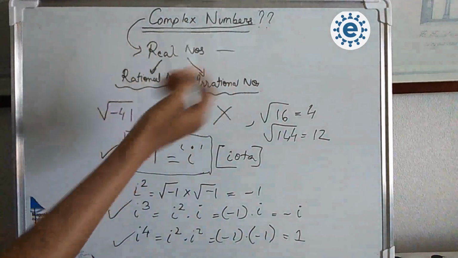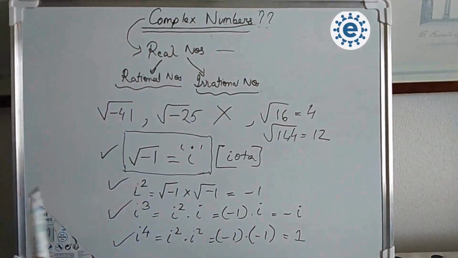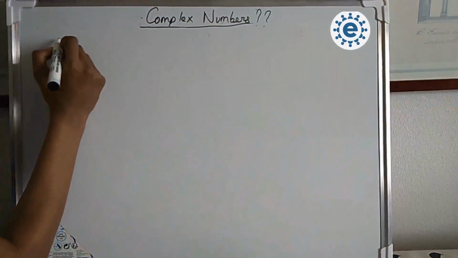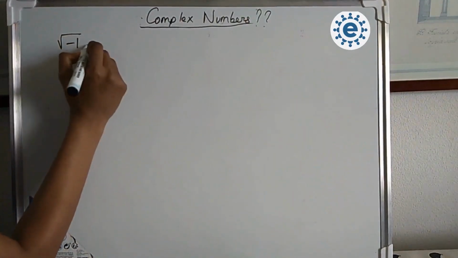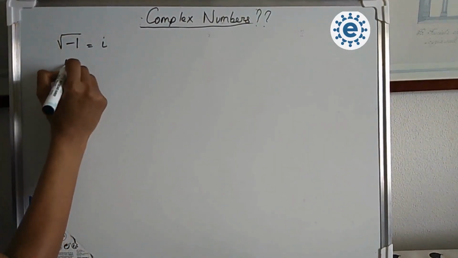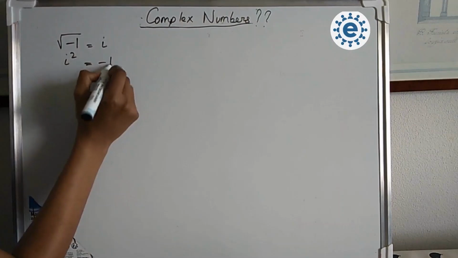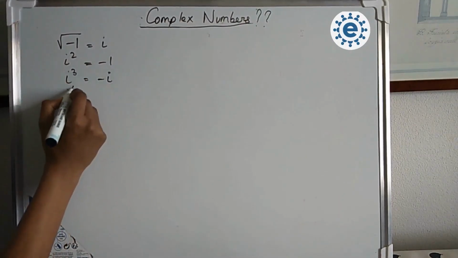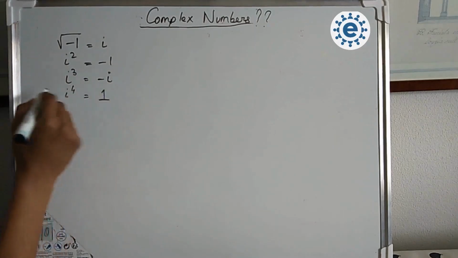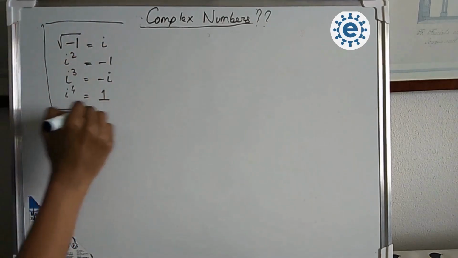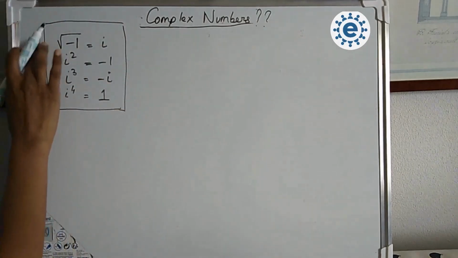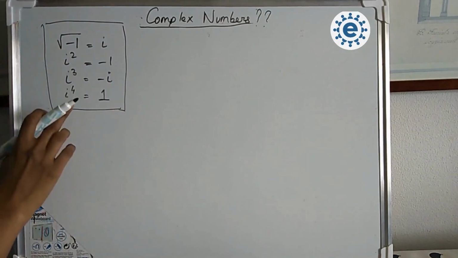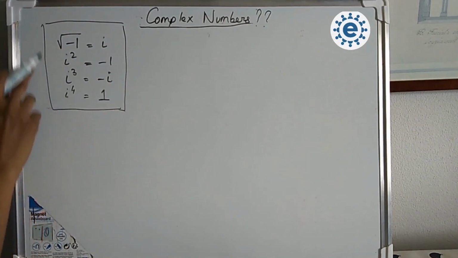Square root of -1 is I, I squared is -1, I cubed is -I, and I4 is 1. This concept is very important. You have to understand this thing. Many questions in your exams will be based upon this.